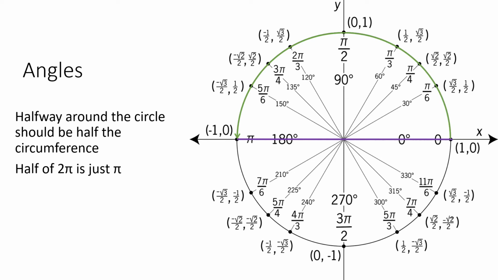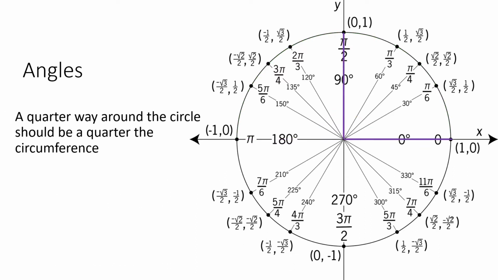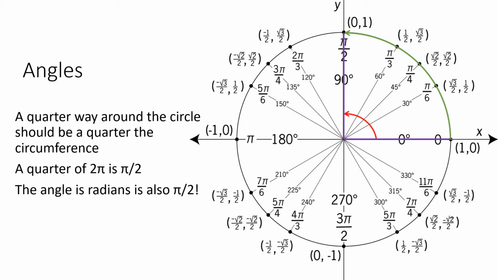And then what's that angle measure? Half is just pi. So the angle matches with the length of the arc. So a quarter of the circle would be a quarter of the circumference. So 2 pi divided by 4 is pi over 2. And the angle in radians is pi over 2. They just match up.